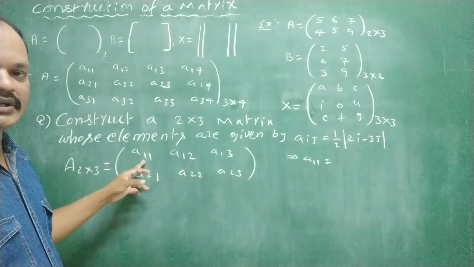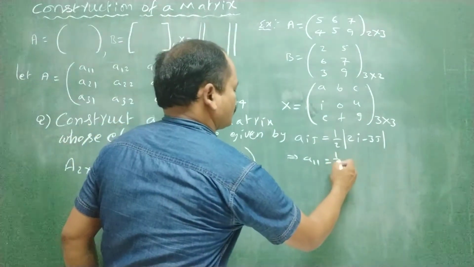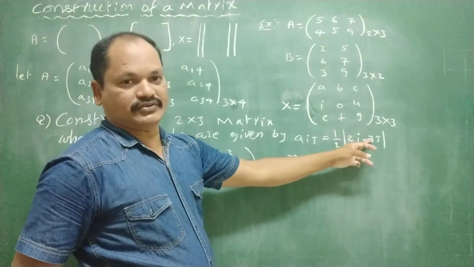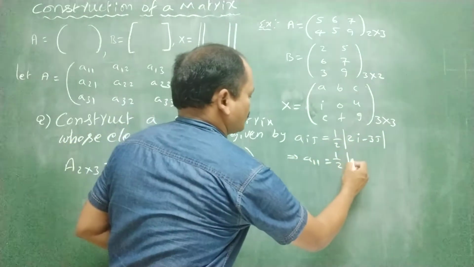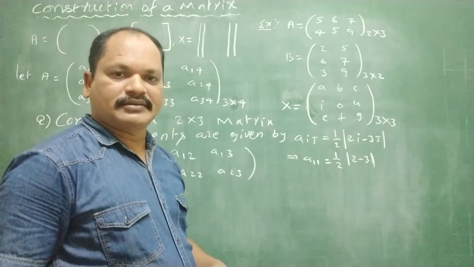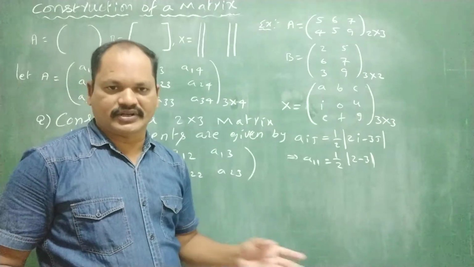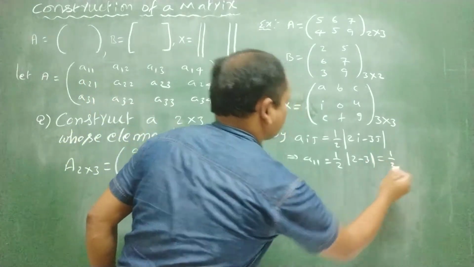A11 means where i is 1, j is 1. Then 1/2 into |2 into 1 minus 3 into 1|, that is |2 - 3|. Actually |2 - 3| is |-1|, and mod of minus 1 is positive, so it is 1/2.